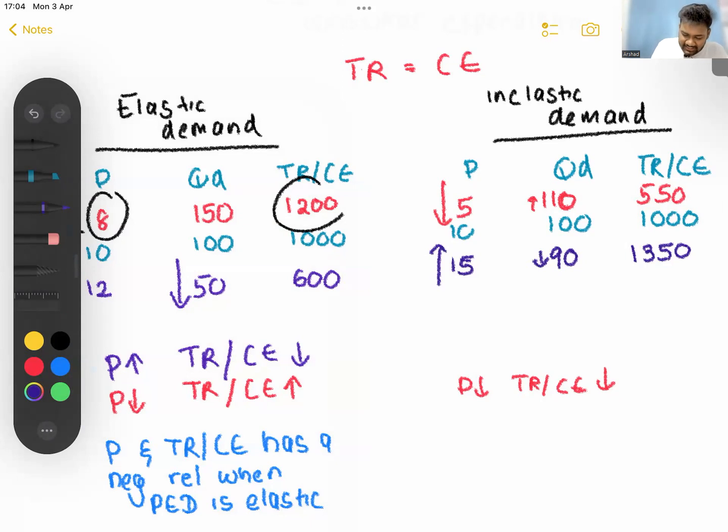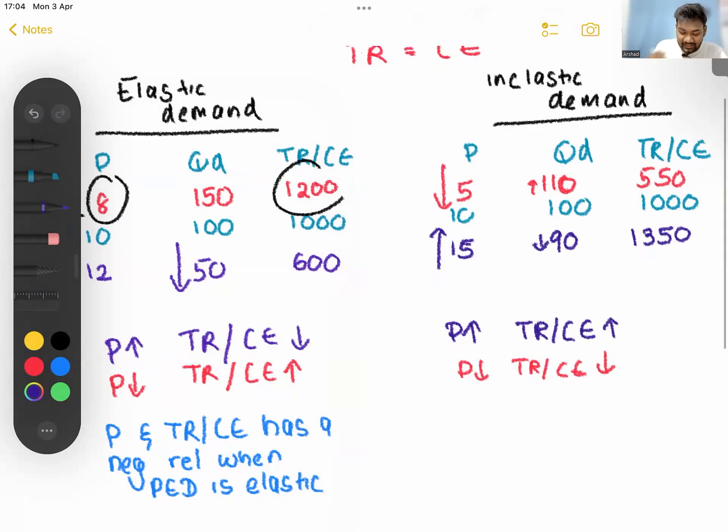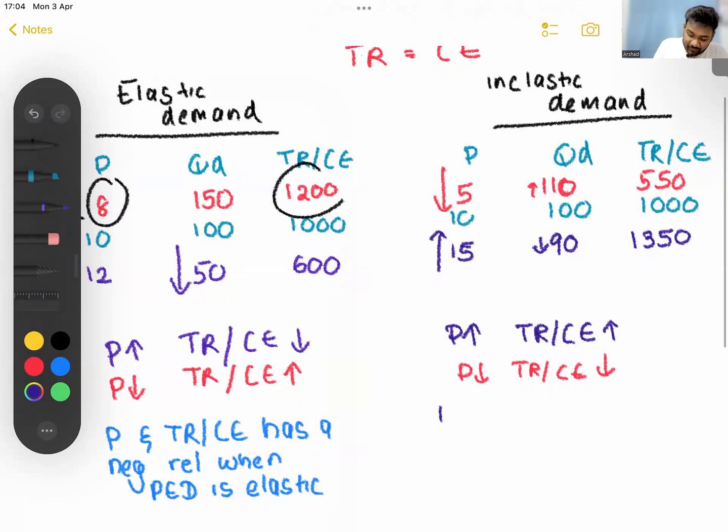So what happens here, guys? Now, when my price increased, what happened to my total revenue or consumer expenditure? When my price increased, total revenue or consumer expenditure also increased. So then what can you say, guys? Price and total revenue, when the demand is inelastic, what type of relationship do we have?